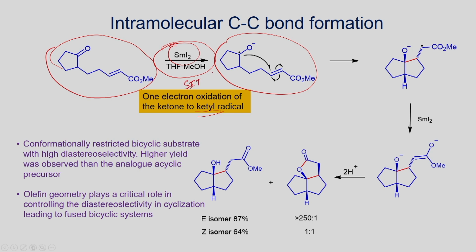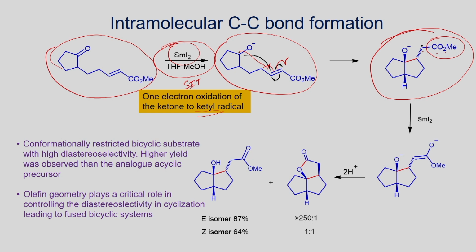Once you form this radical, it can undergo intramolecular cyclization. In this case, depending upon the substrate, 5-exo cyclization, and you will be able to get this radical. Once you form this radical, again as we have seen, it can be stabilized by this electron withdrawing group.